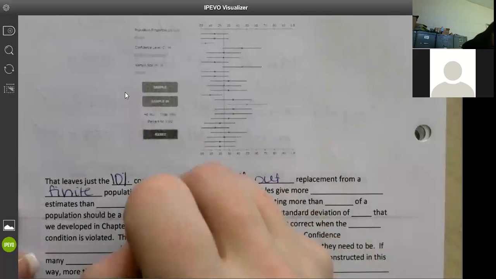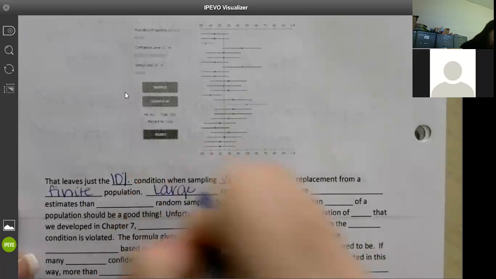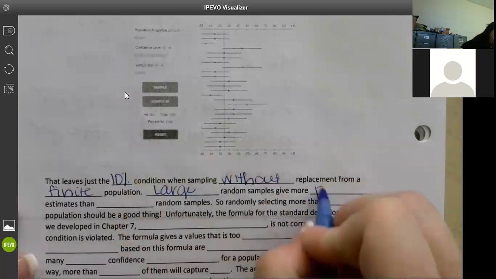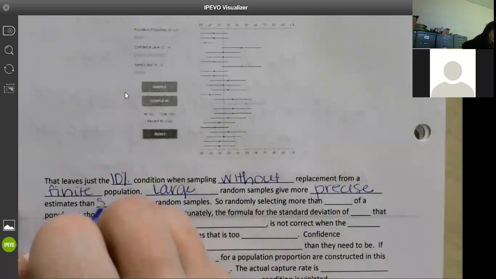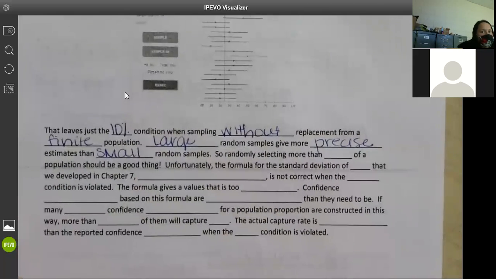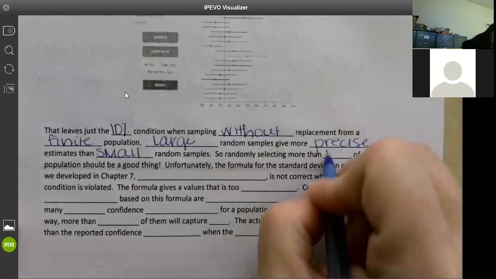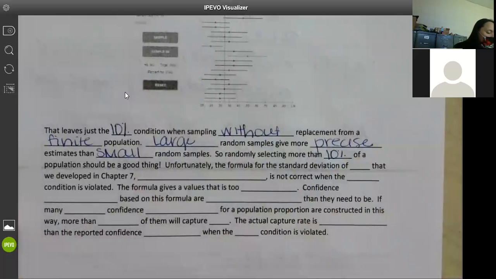Large random samples give more precise estimates than small ones. We know that. Why? The larger the sample, what? Less variability. So randomly selecting more than 10% of a population should be a good thing.